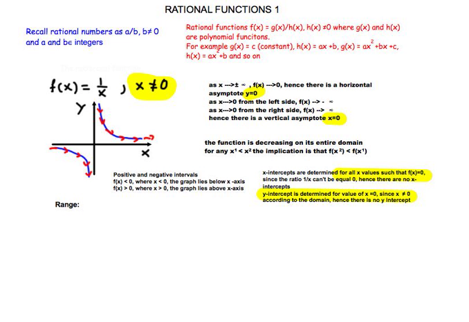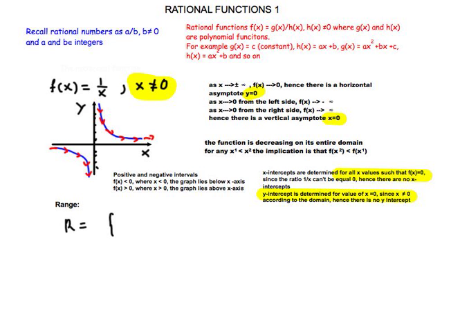The range of this function. By looking at the graph, what you see here is that y coordinates would work for almost any real number except for 0. So the range will consist of real numbers.